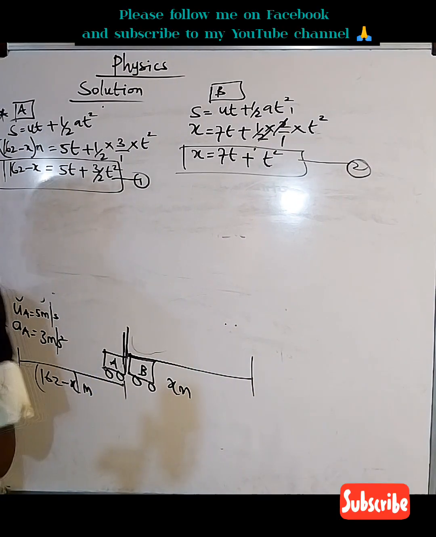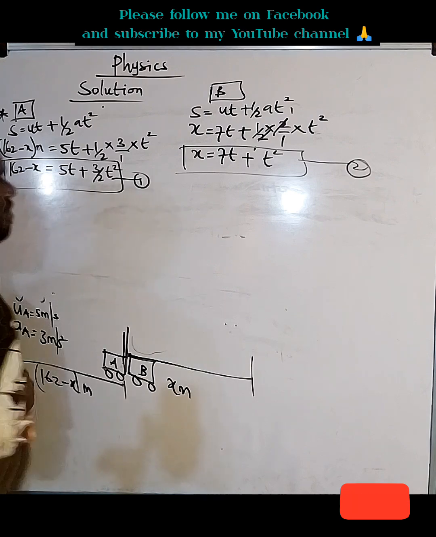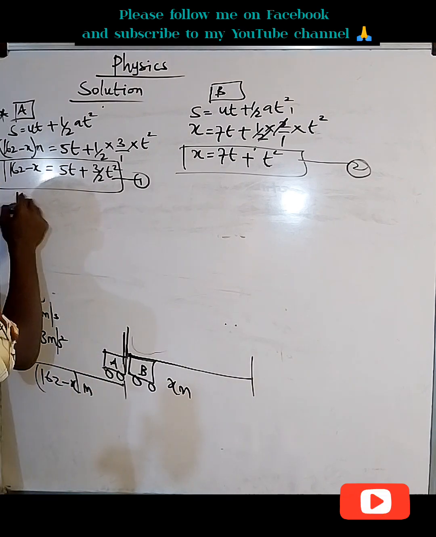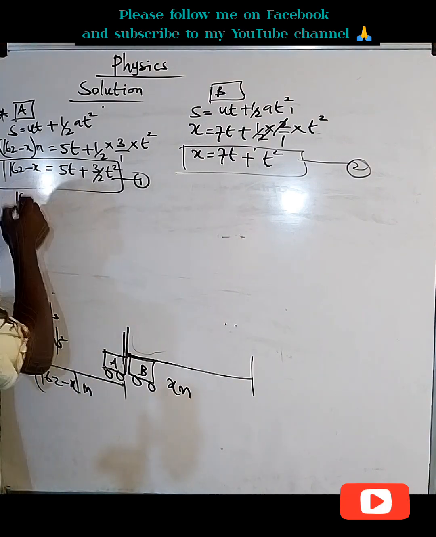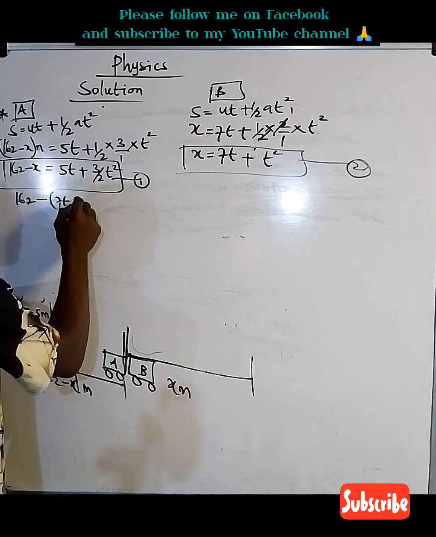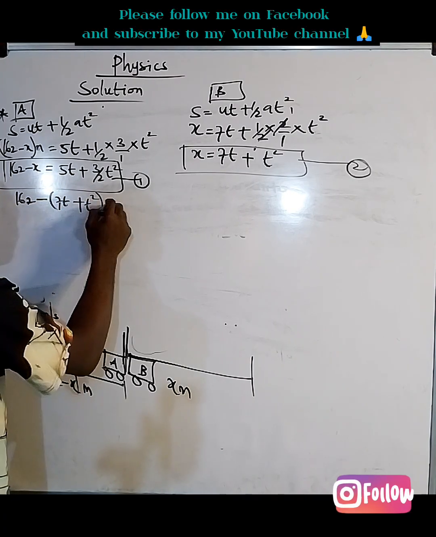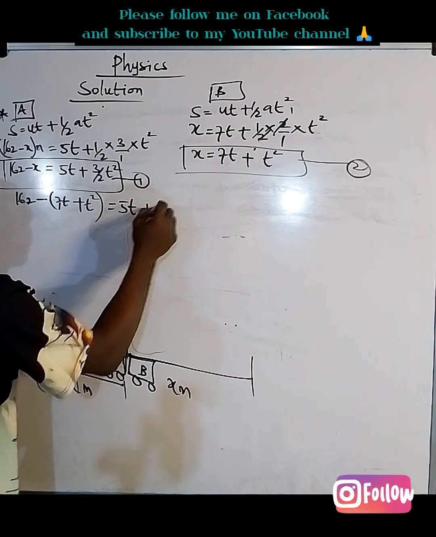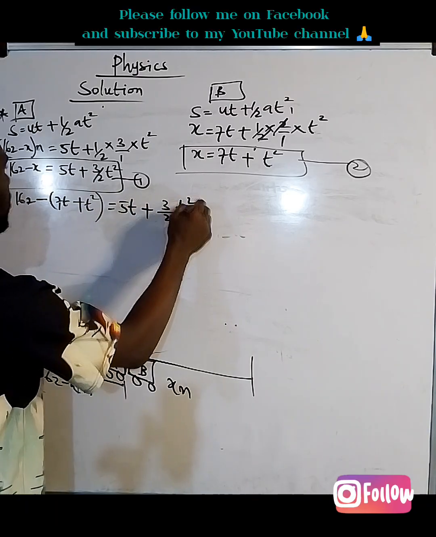The x is 7t plus t squared, so we're just going to substitute equation 2 into equation 1. 162 minus x, which is 7t plus t squared, equals 5t plus 3 over 2 t squared.